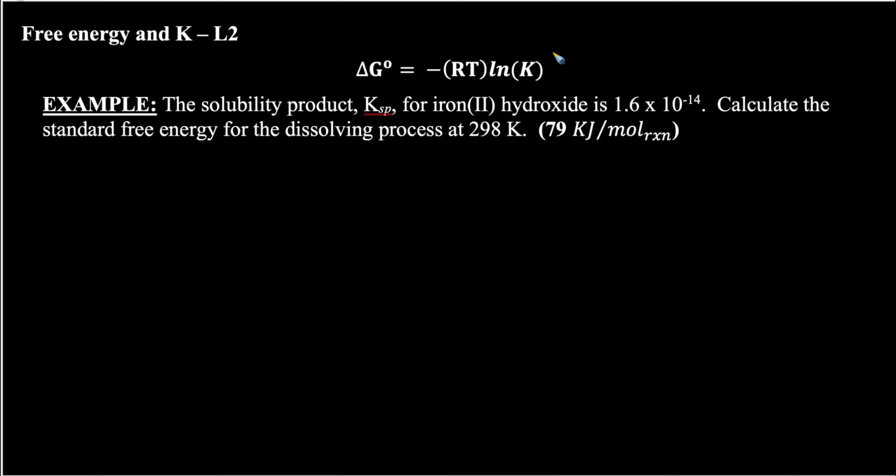I am going to introduce now mathematically the link between free energy and K. When my students ask me what thermodynamically favorable means, we used to say spontaneous in the old days, but that kind of gives you an indication of a rate, whereas free energy has nothing to do with rate.